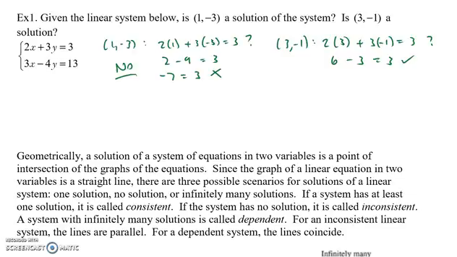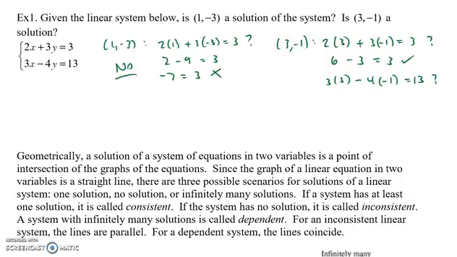So (3, -1) is a solution of the first equation, but it has to be a solution of the second equation as well to be a solution of the system. So we have to check the second equation also. The second equation is 3x - 4y = 13. If we substitute 3 for x, we have 3 times 3 and -1 for y, minus 4 times -1, and then we're asking, do we get 13 in this case?